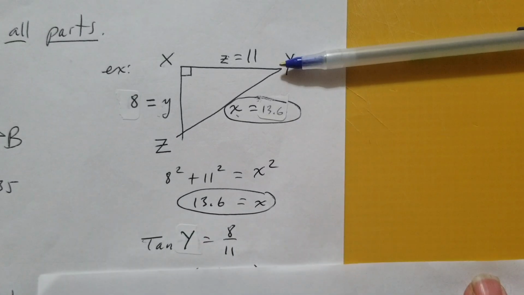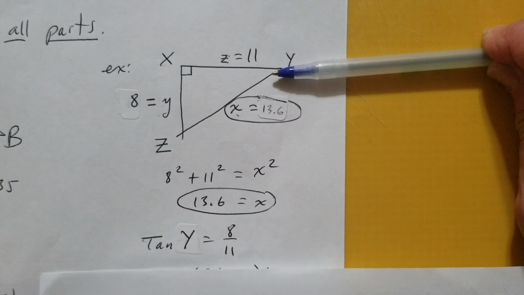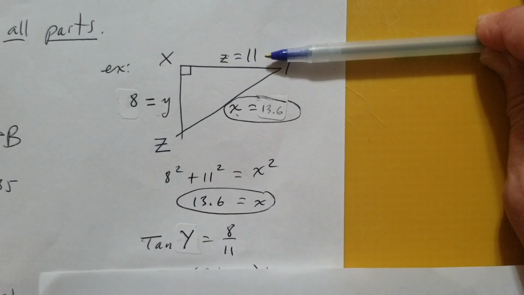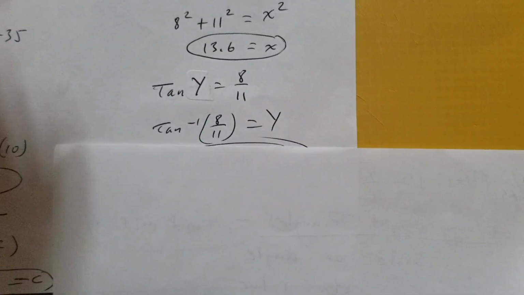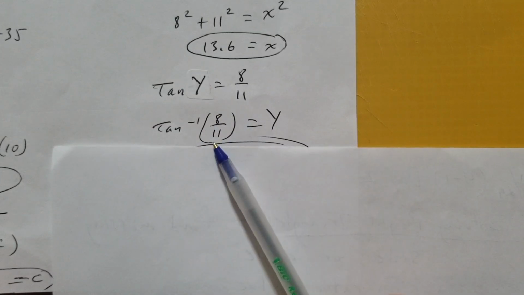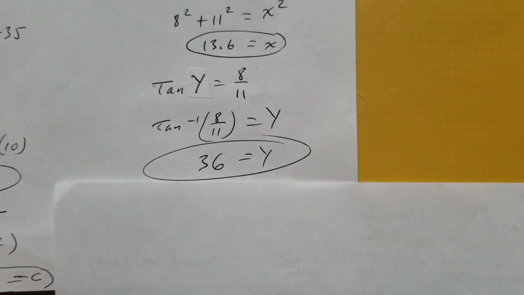I picked tangent. So tangent of the unknown angle is opposite over adjacent, 8 over 11. So how do I get the angle? Inverse, baby. Inverse tangent of 8 over 11, that's your angle. Hit the calculator, and there it is, 36.